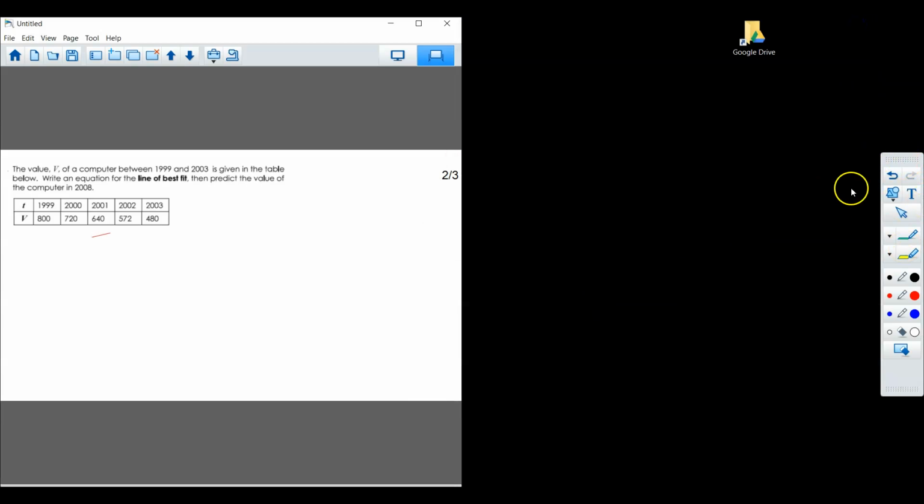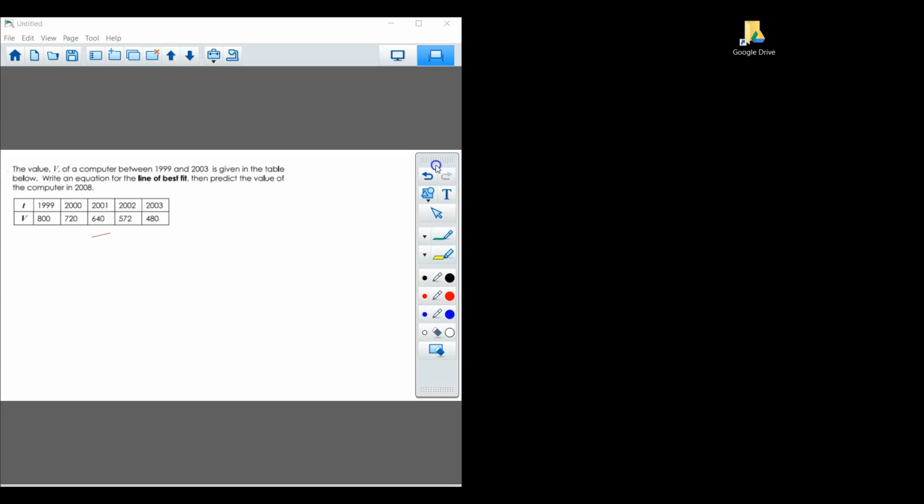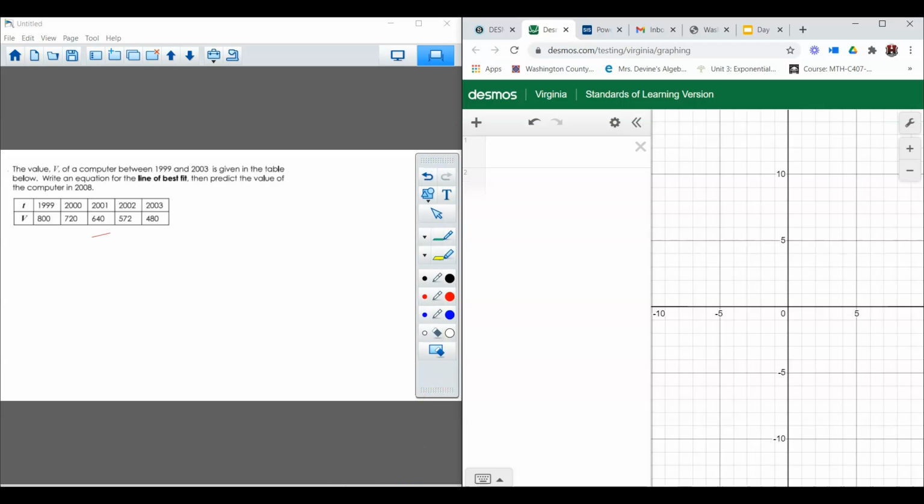So you'll notice here that just like we've been doing for the last couple of days, it asks us to find the equation of the line of best fit. But then notice this extra statement out here. It asks us to predict the value of the computer in the year 2008. So that's the prediction part of this.